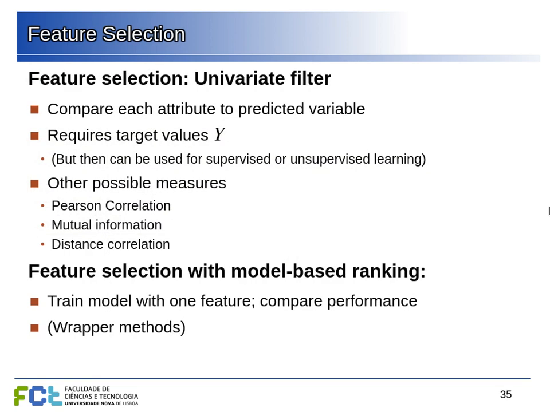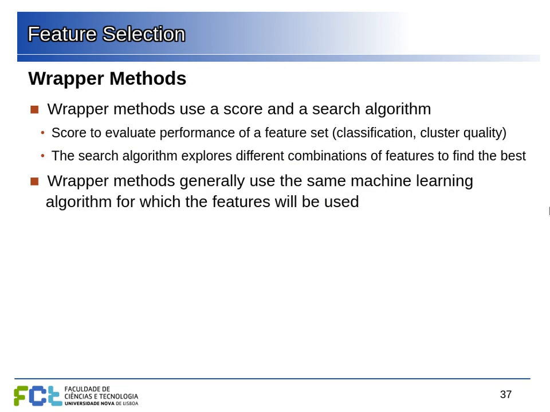But we don't need to just look at 2 different features. We can generalize this. And this is usually what's done with wrapper methods. So we use some scoring algorithm that usually is the same machine learning algorithm we want to apply in the end. So for example, if you are dealing with a classification problem, you can use the same kind of classifier, but for a subset of features, and then search through different subsets of features until you find the ones that give you the best cross-validation error or something like that.